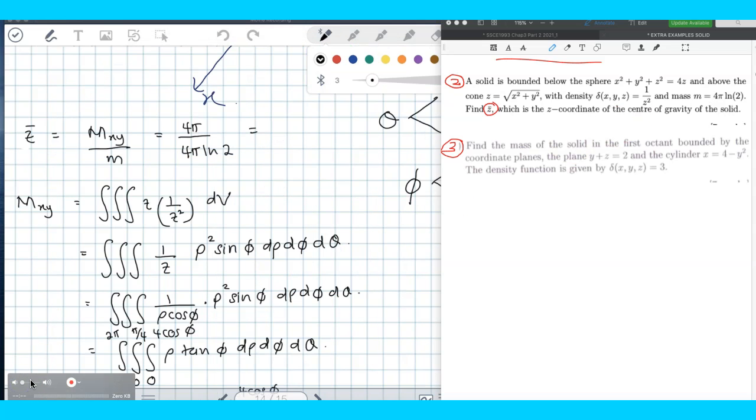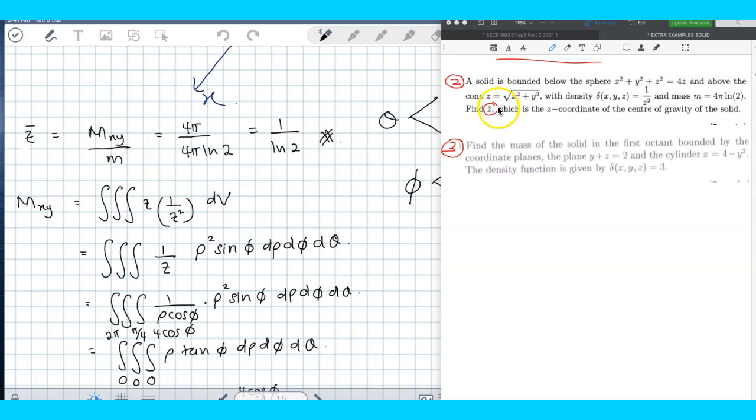So the answer is 1 over ln 2. Okay, so we find z bar. We are done. The answer is 1 over ln 2.